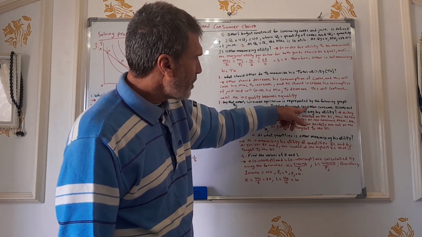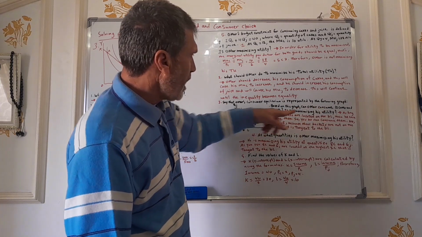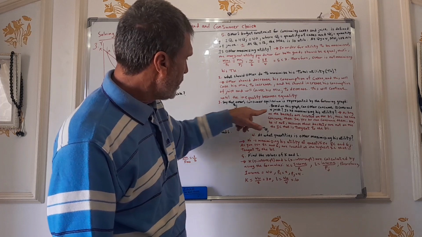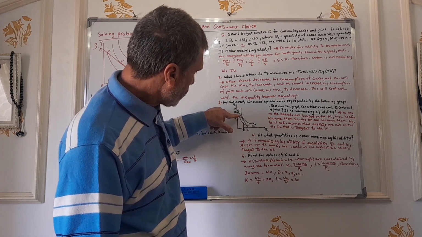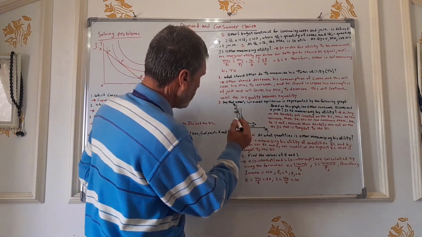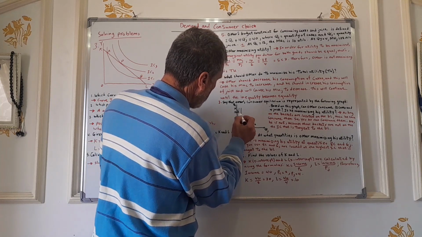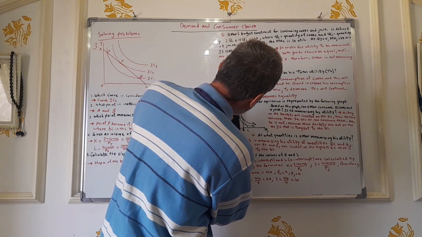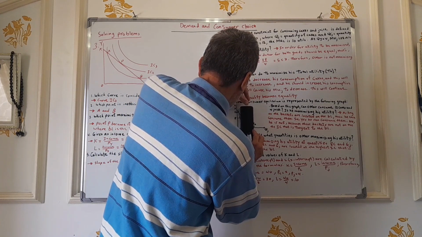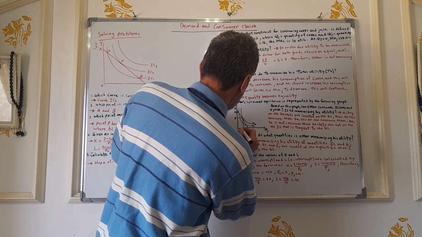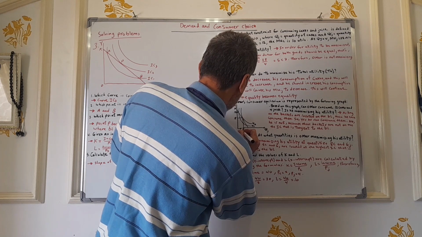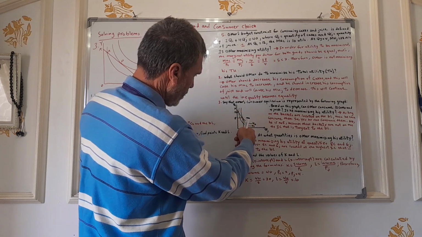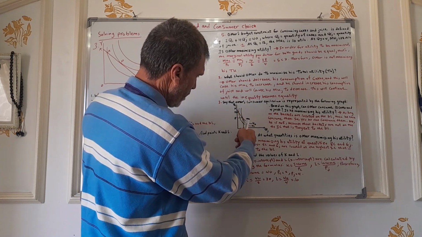Based on this graph, can Omar consume 12 cakes and 4 juices? In other words, can Omar consume 12 cakes and 4 juices? If you go from 12 in a straight line, you get 4.